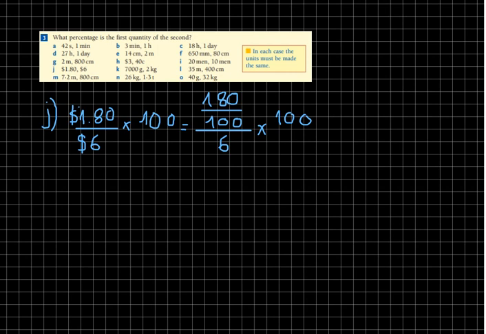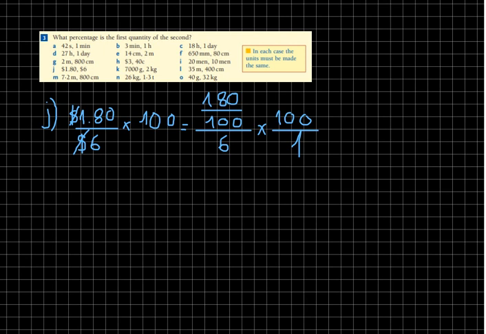Here I can cancel both dollar symbols and I just have the numbers. Here we have to multiply two fractions, and when we multiply two fractions we have to multiply numerators by numerators and denominators by denominators.